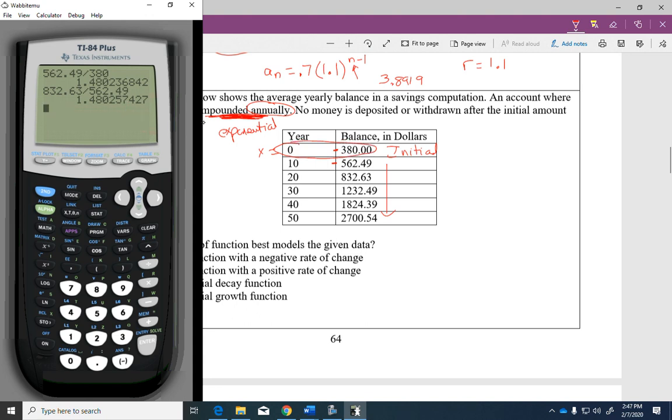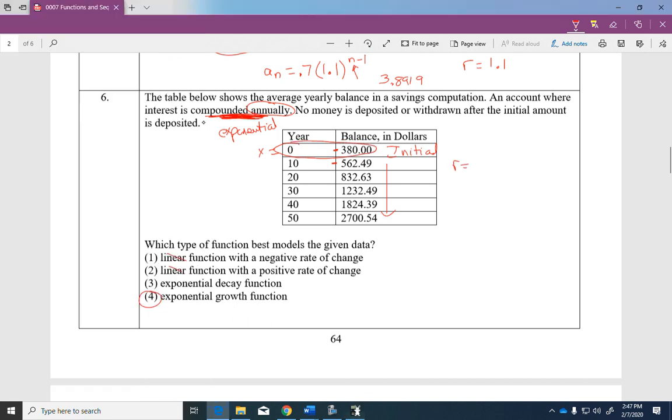So I feel confident to say that the growth factor is about 1.48. We already said that this 380 was the initial amount. So I can write my function, I'll call it f of x, equals 380 times 1.48 to the x. This one doesn't have an x minus 1 because I know the 0 term.